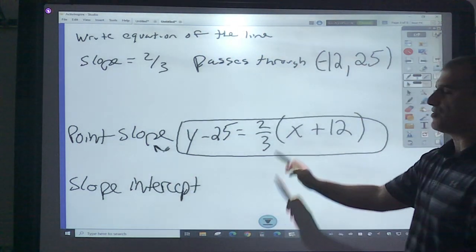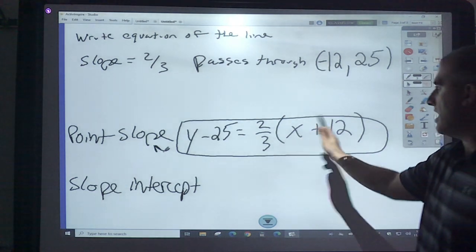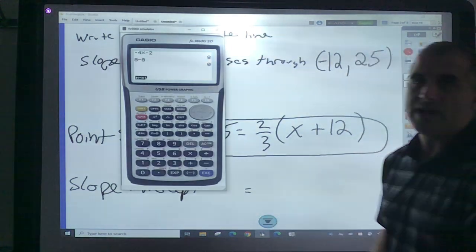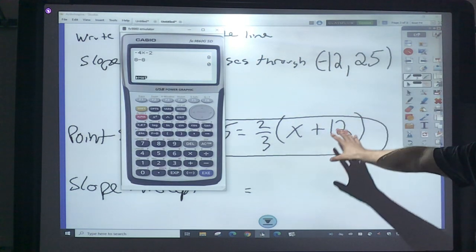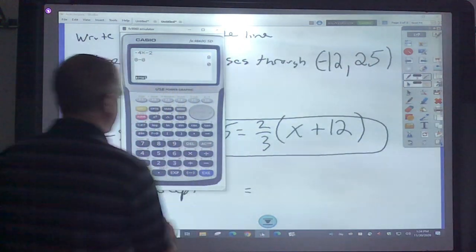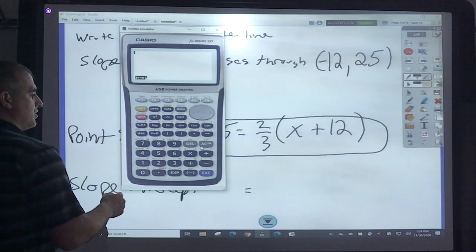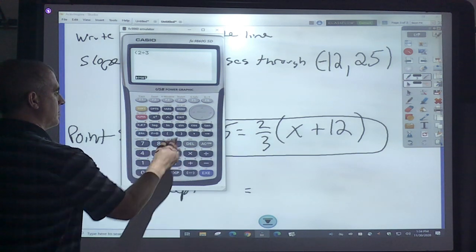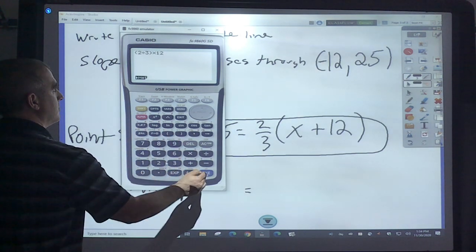Now to get slope intercept form, if I have to get that, I have to distribute that out. So you got to know when to stop. If they just ask for point slope, you're good. If they ask for slope intercept, you're going to have to go to this next part. So 2/3 times 12 is 8.